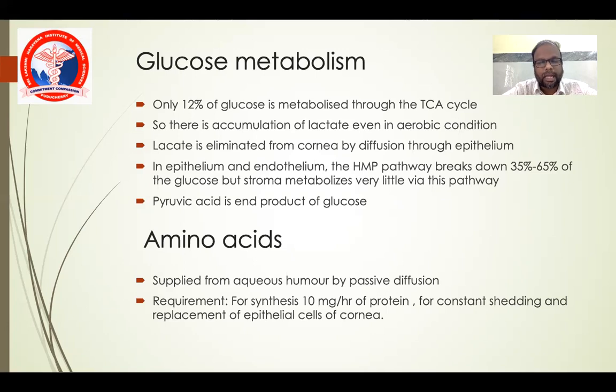Okay. Apart from this, in the epithelium and the endothelium, the hexose monophosphate pathway breaks down 35% to 65% of the glucose, but the stroma metabolizes very little via this pathway.